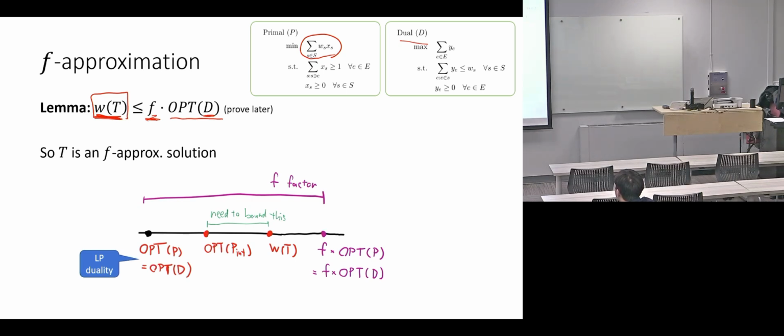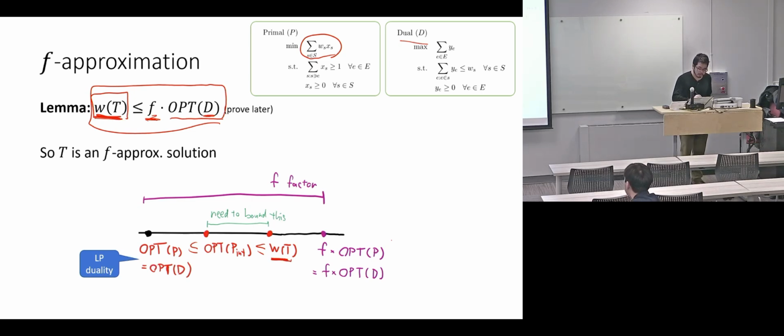But OPT of the primal LP and OPT of the dual LP are the same by strong duality. But this thing says that our primal integral solution is at most OPT of the dual times f.